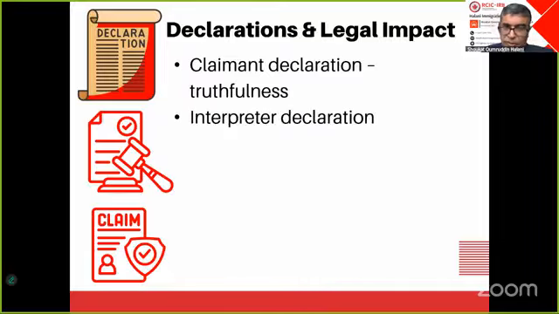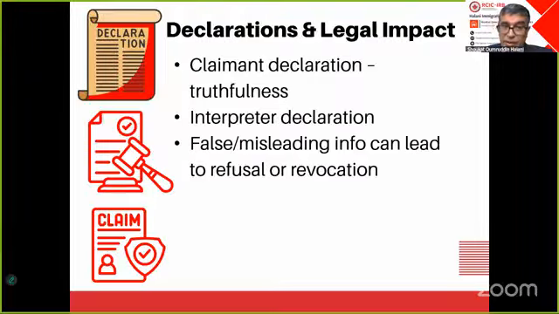And the interpreter will also sign your form to confirm that he or she understands you and you understand him or her. False and misleading information can lead to refusal or revocation. You must not mention any kind of false or misleading information in your form, not at all.